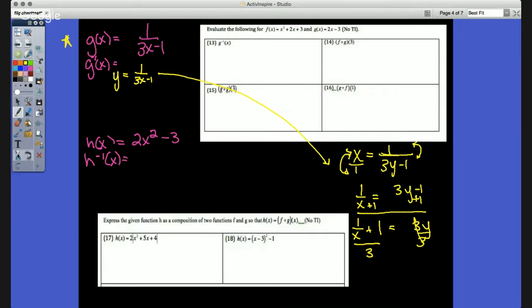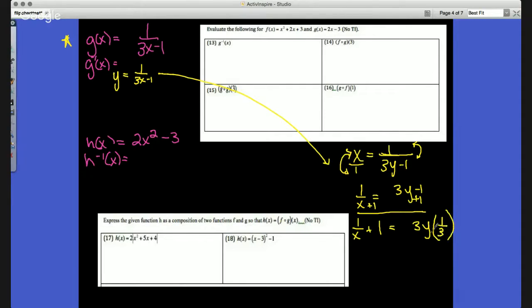So instead of dividing by 3, which you could do, and it still could work, I'd like to multiply by 1/3. Well, if I do it to this side, I've got to do it to this side as well. So I'm going to multiply this by 1/3 as well as this by 1/3. So what I have now is 1 over 3x plus 1 over 3 equals y.